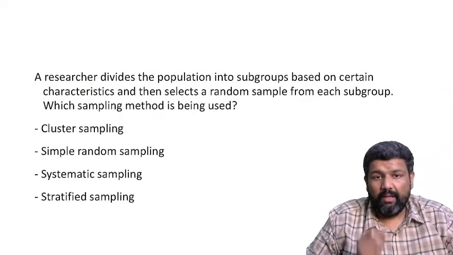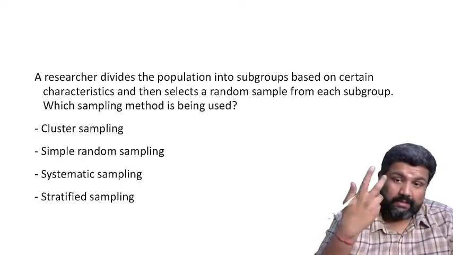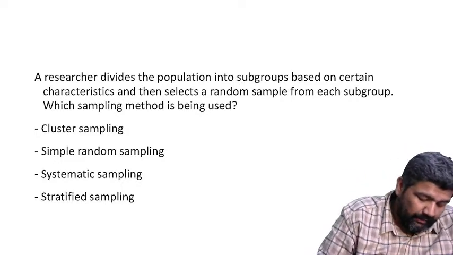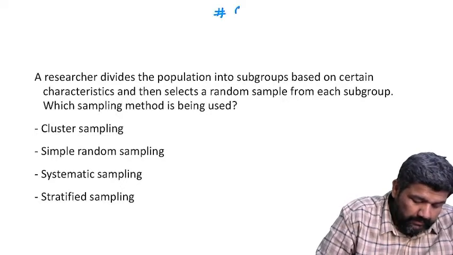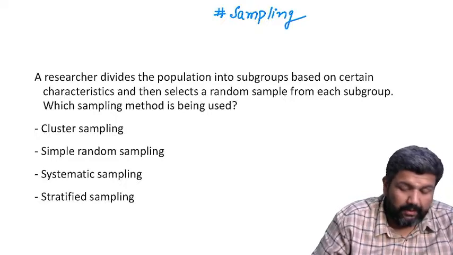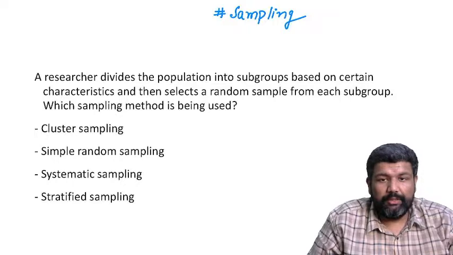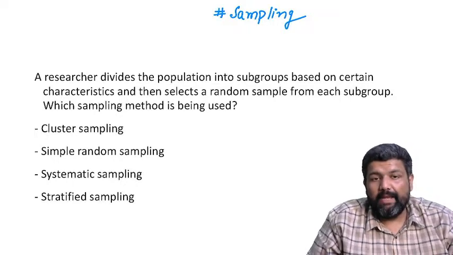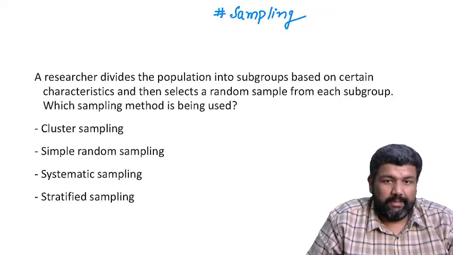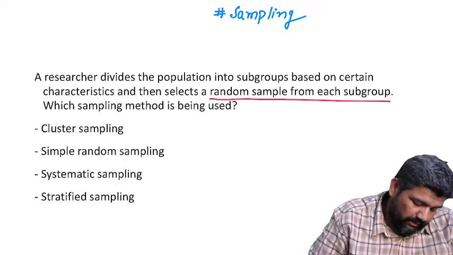Next, a researcher divides the population into subgroups. Similarly, I am coming to the second topic, sampling. A researcher divides the population into subgroups based on certain characteristics and then selects a random sample from each subgroup.